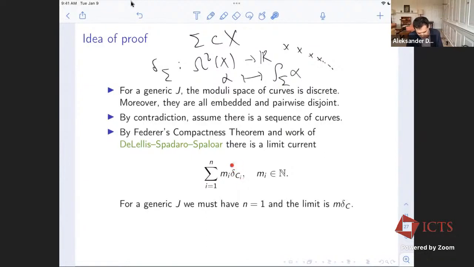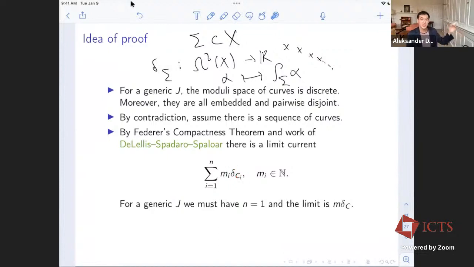Because all of these are images of pseudo-holomorphic maps, by step one, these curves C_i are embedded and pairwise disjoint. Since we started with connected support, there must be only one of them.